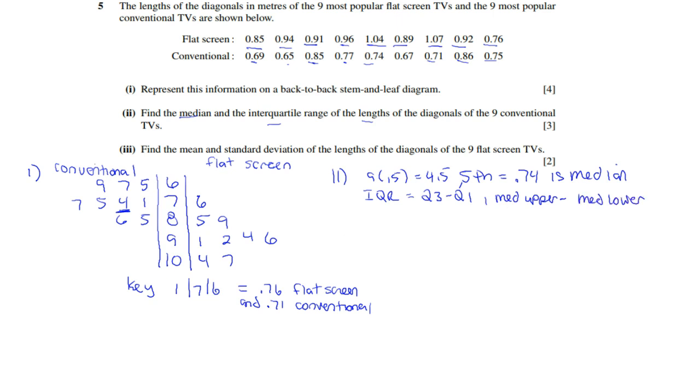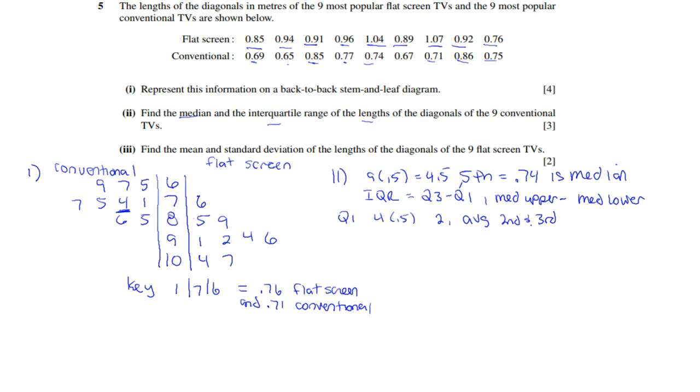We subtract them. So in this case, keep in mind, if you find the median of an even number of data, in this case it's only 4, then it's going to be the average of those two. So Q1 is going to be the average of the second and the third piece of data.